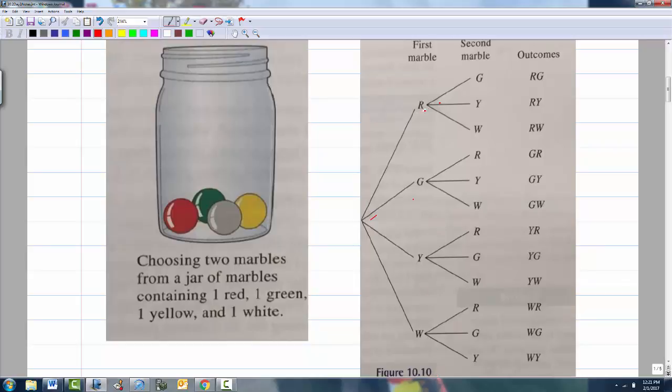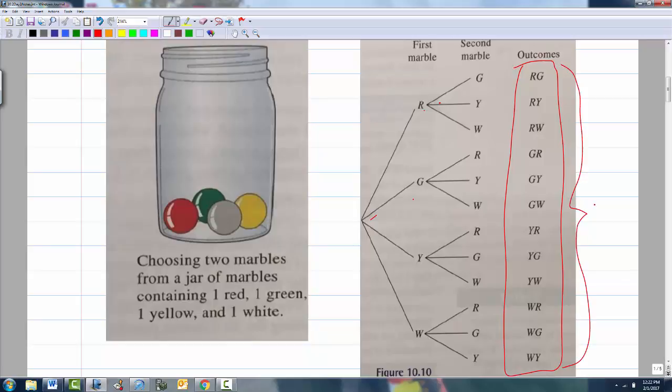When you go to the end of each of these branches, these are all of the possible outcomes of choosing 1 marble and then choosing the next marble without replacement. How many possibilities are there? There's 12. Well, it's not any coincidence.